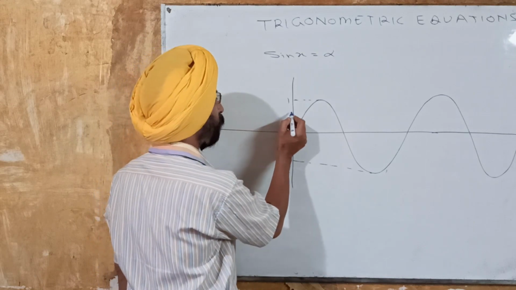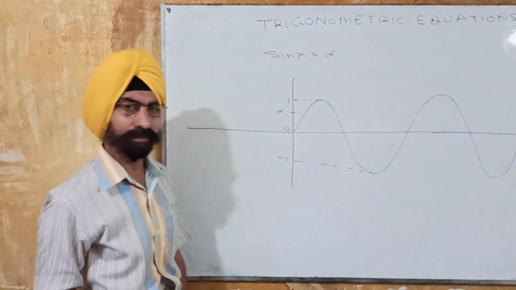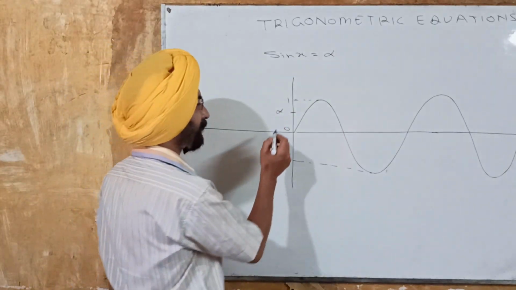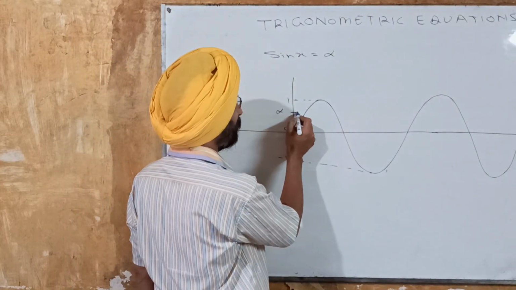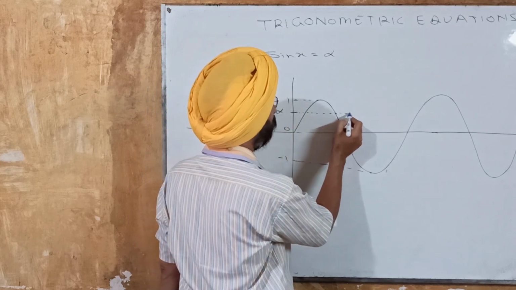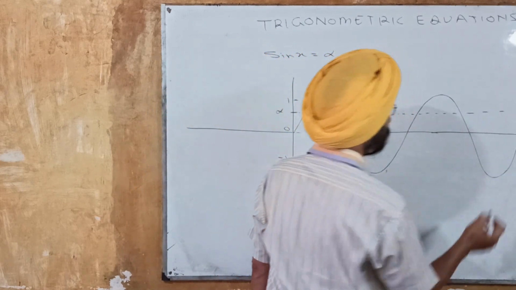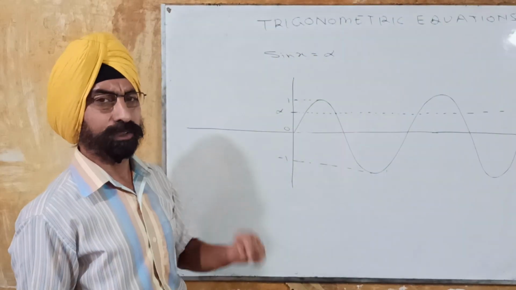So suppose your alpha is here. Now sin x is equal to alpha means this line y is equal to alpha, whenever it cuts the graph of sin x, you will find one solution.